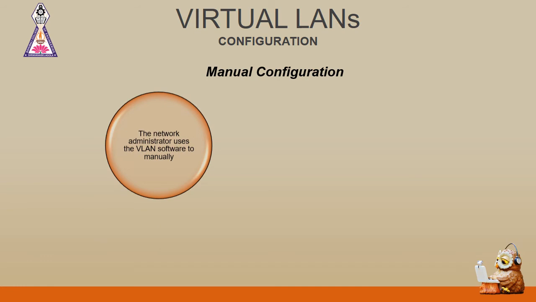In manual configuration, the network administrator plays a major role, because he uses the VLAN software to manually identify the members and the group in order to form a virtual local area network. So at setup time, the individual stations are grouped into different virtual local area networks by the system admin himself.